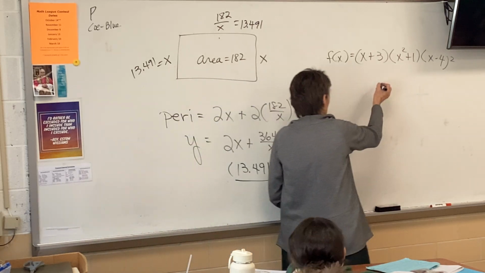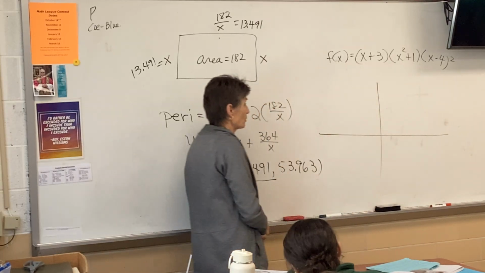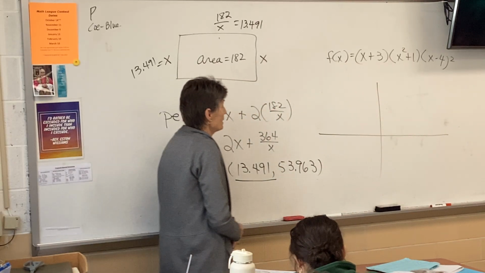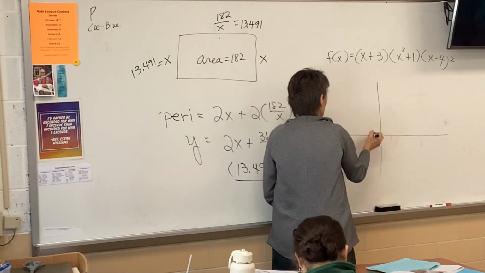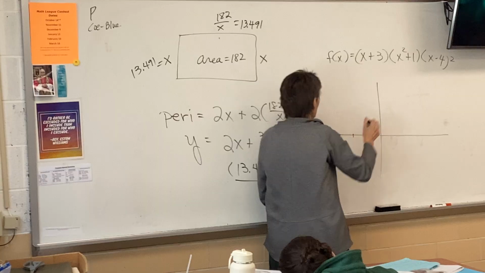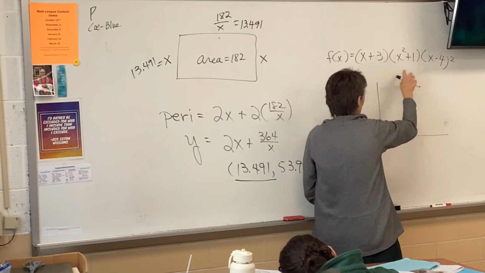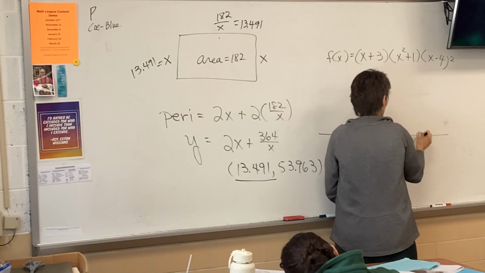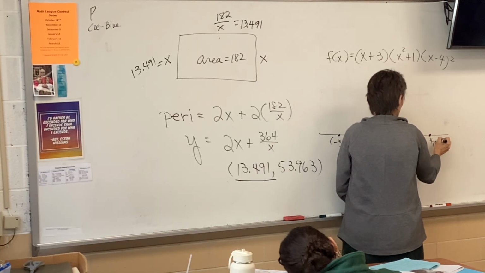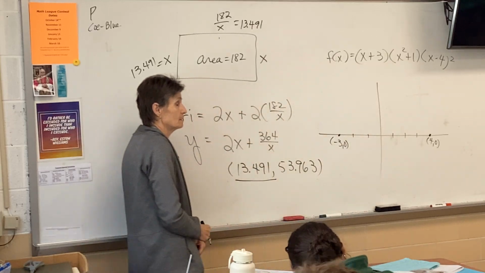Well, let's think about what we were doing earlier in this chapter. I have an x-intercept at -3. Now be careful, that is not 1. I can't graph that. So the only other one I can graph is this one. Okay, that's kind of a wild card thrown in there.